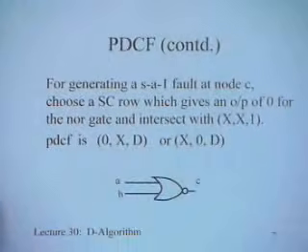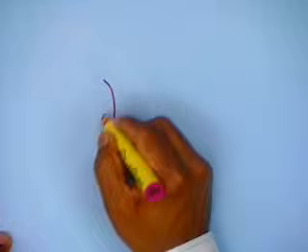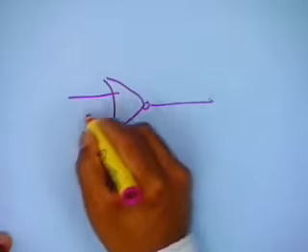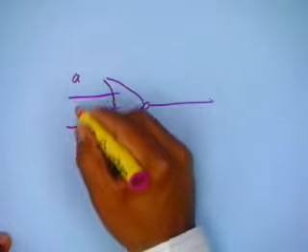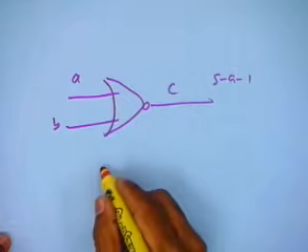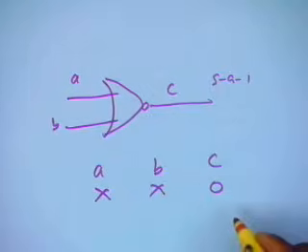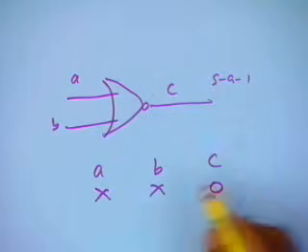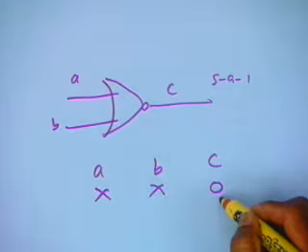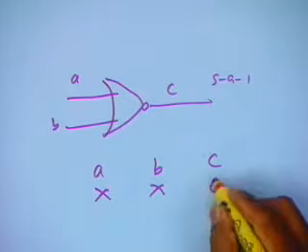I could have been generating, for example, a stuck at 1 fault at node C. If I am generating a stuck at 1 fault for the same NOR gate, my PDCF will be different. So if it is A, B, C, and I am doing a stuck at 1, what I want is cross 0, because I have a stuck at 1 fault. This is my specification, sorry, cross 1.